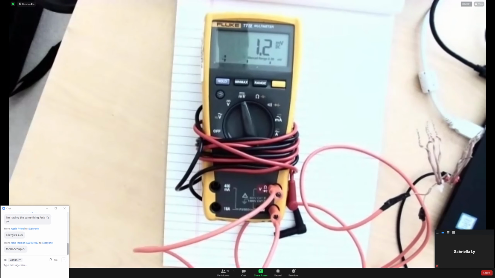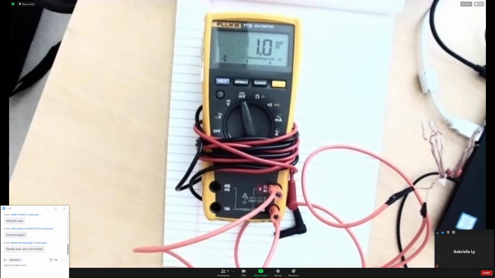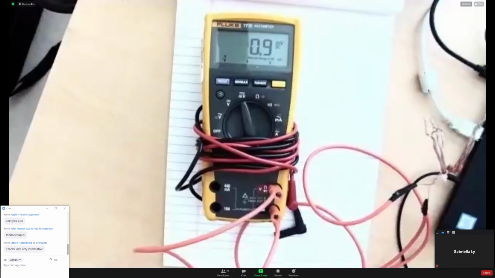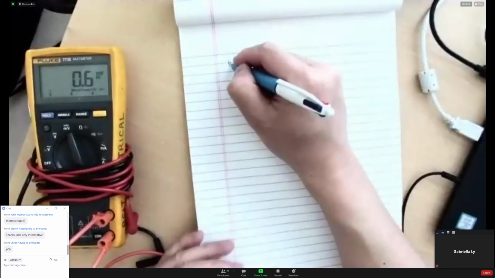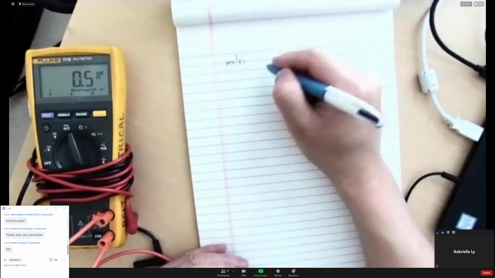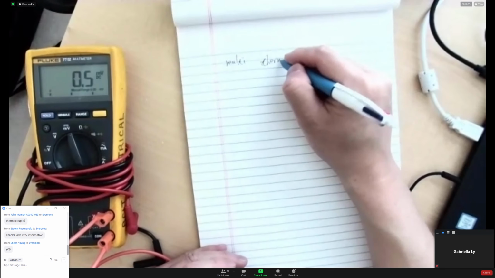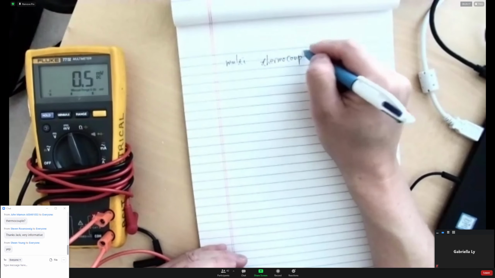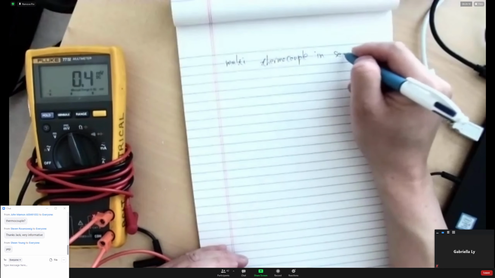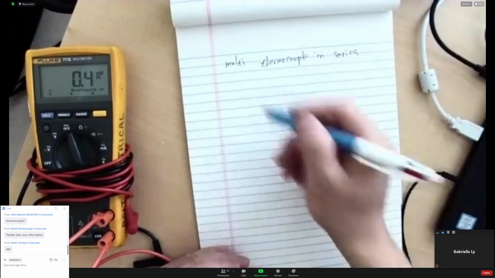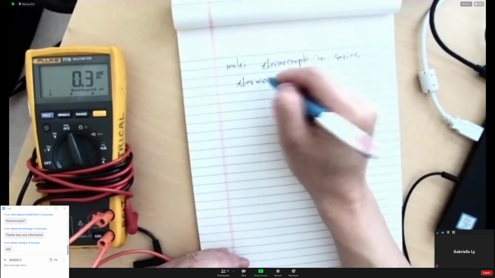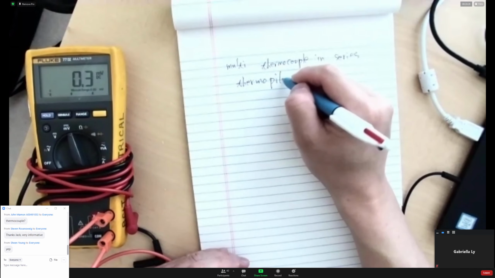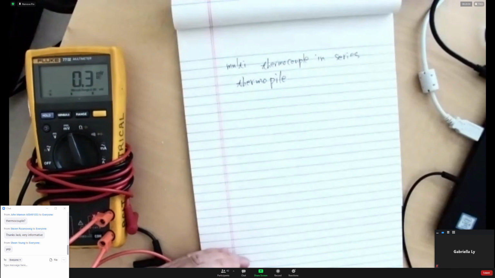That makes sense? And also, when you put multiple thermocouples in series, it's called a thermopile. I believe that's the right spelling.